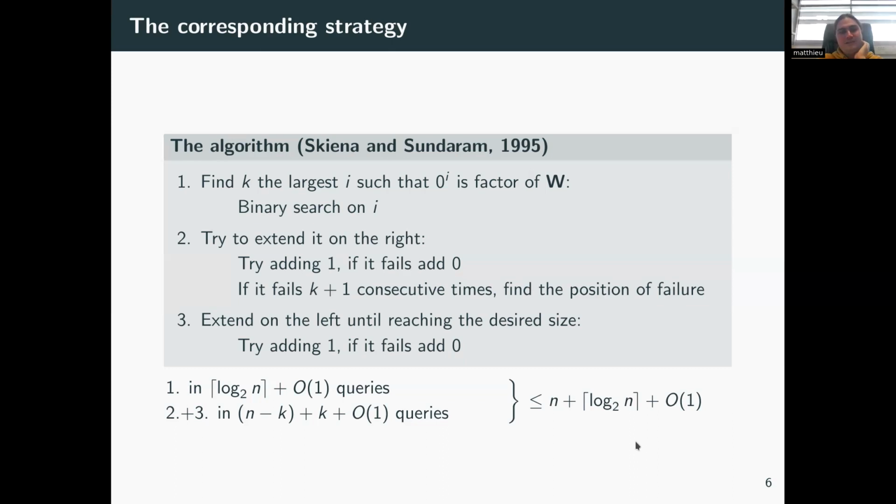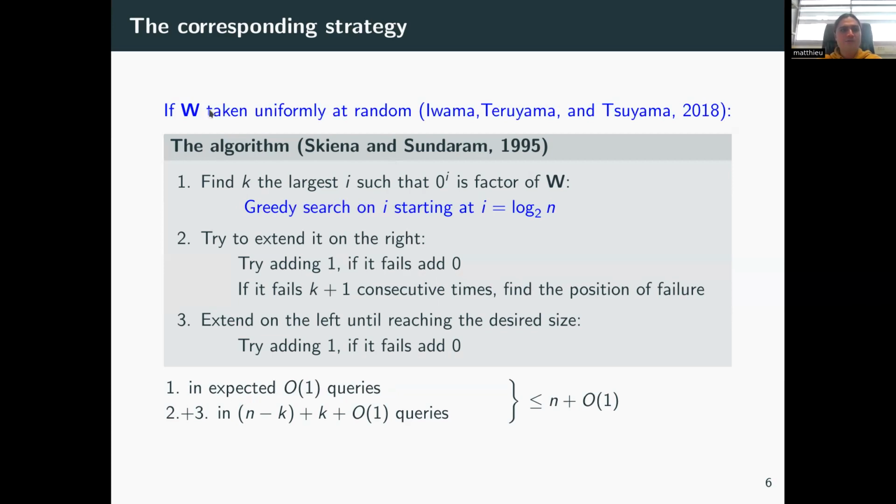Well, what you can notice is that if you take a random word W, the largest block of 0 shouldn't be really long. Usually, if W is taken uniformly at random, the length of the largest block of 0 is really close to log n with high probability.